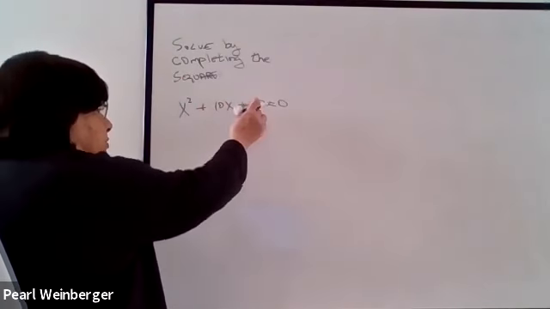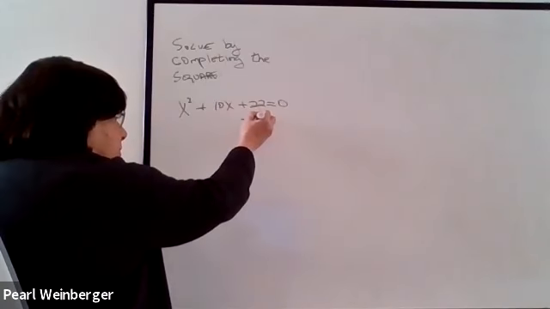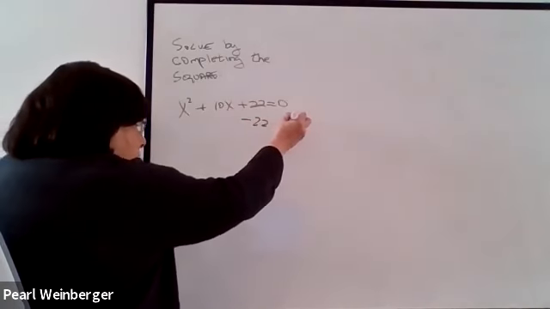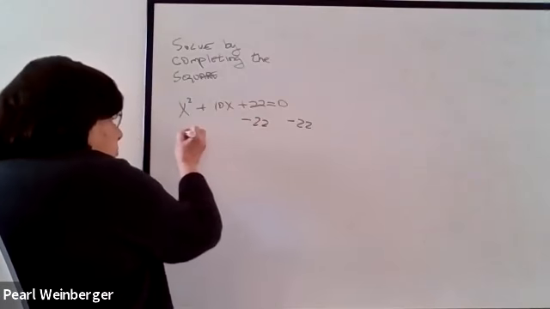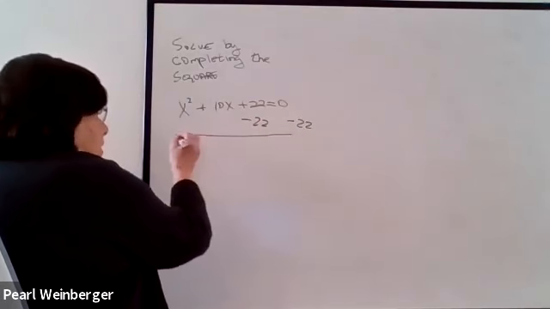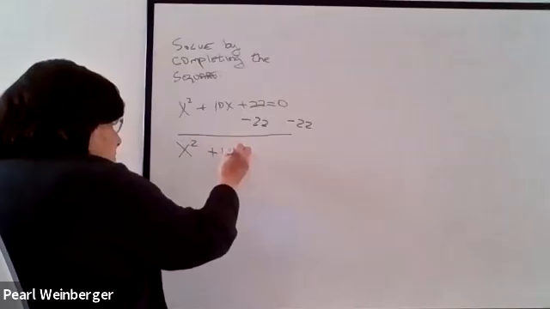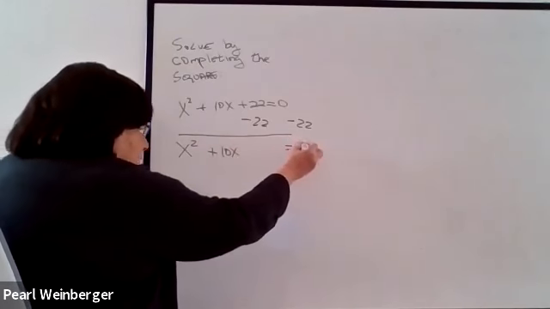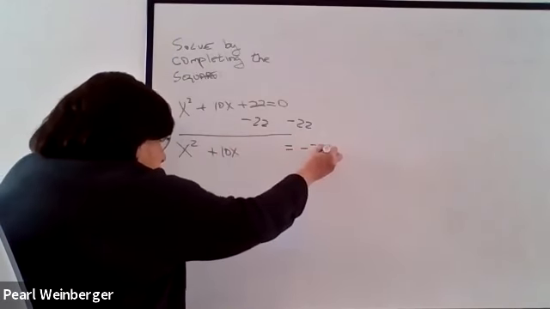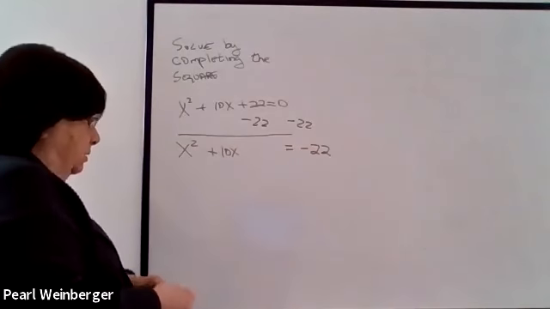So I'm going to take this 22, and I'm going to subtract it, so that I end up with x squared plus 10x equaling negative 22.